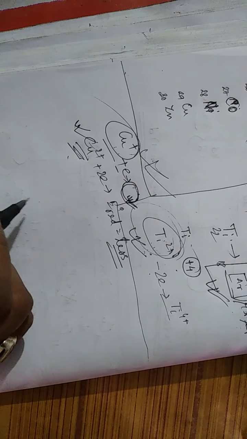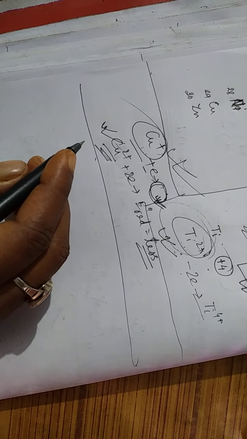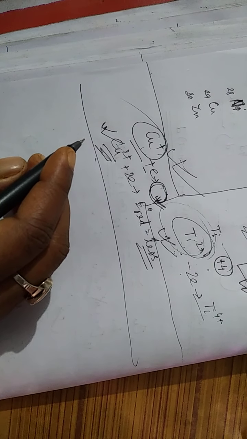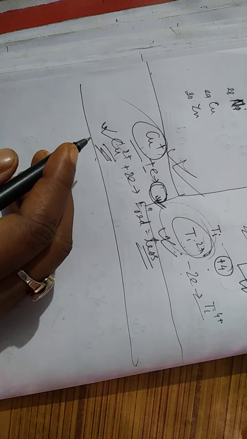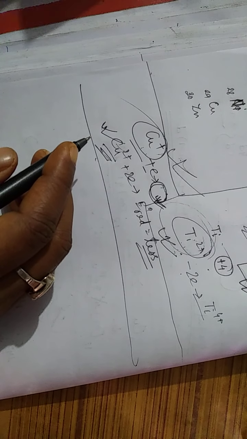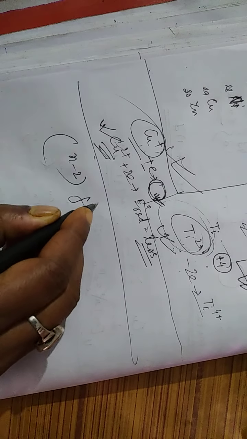As we are studying oxidation states now, we can also discuss the F block elements' oxidation states a little. What is the general configuration of the F block elements? The general configuration is (n-2)f1 to 14.